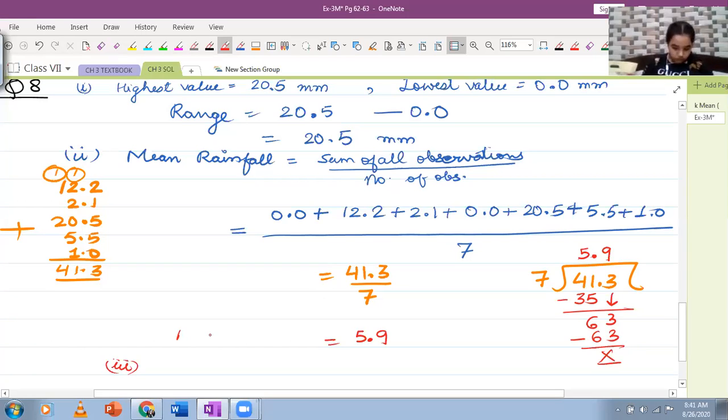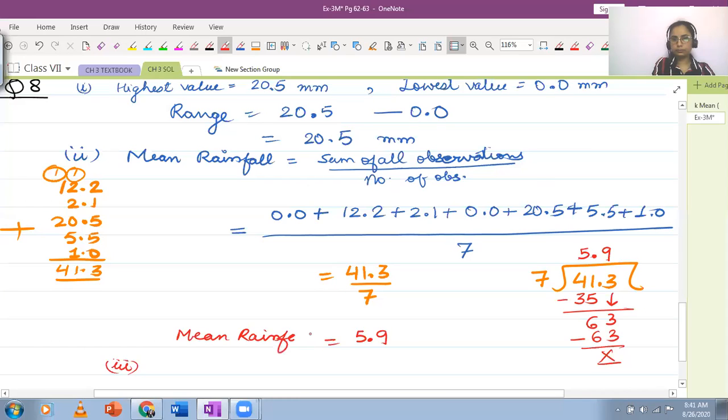This is the mean rainfall. If you're writing, please let me know. I'll wait. Then we will move to the fourth part.